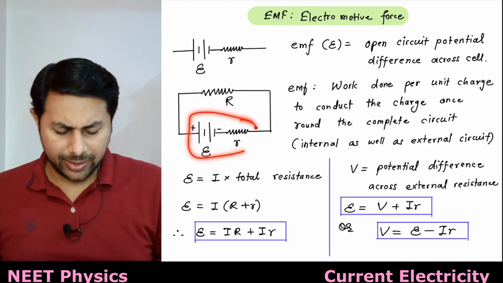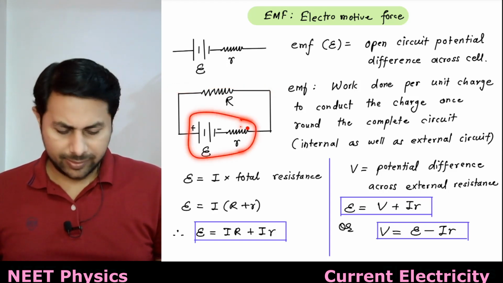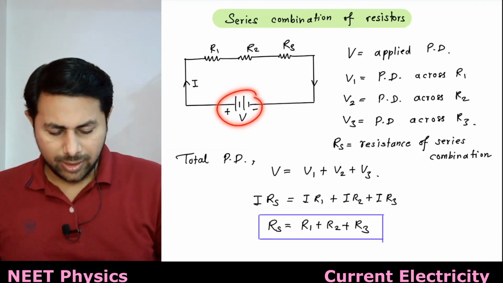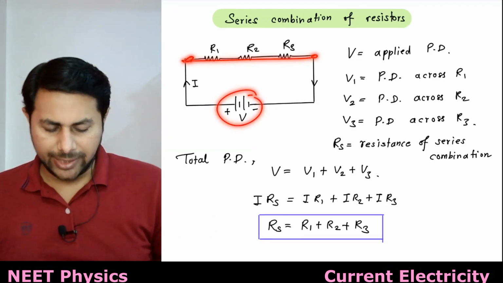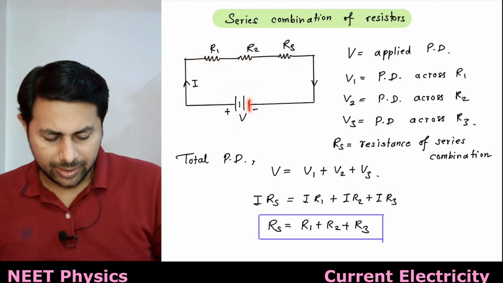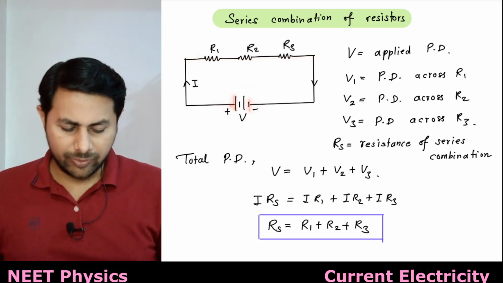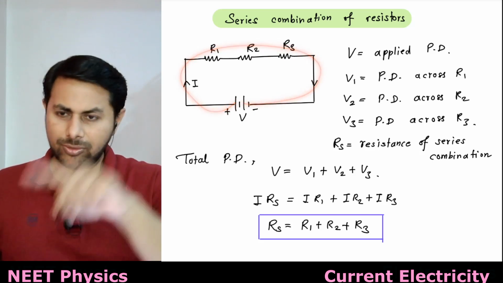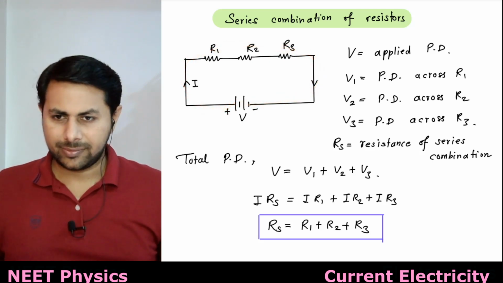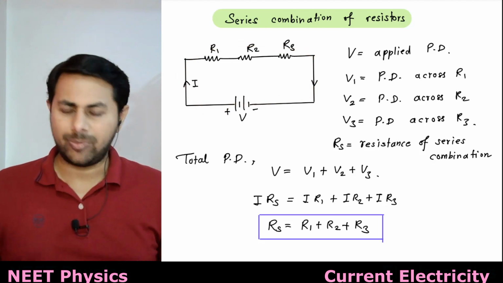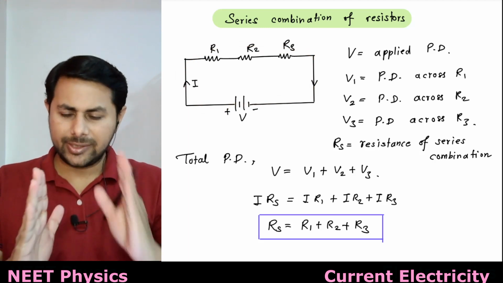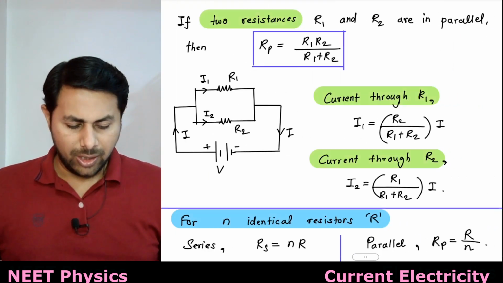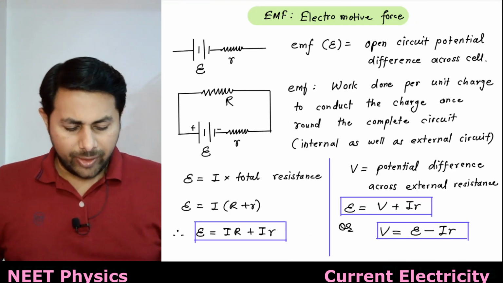Or if you think about the battery, what's the potential difference between the positive and negative terminals? It's the work done per unit charge to move a charge from the positive to the negative terminal of the battery. That is terminal potential difference. Terminal means between the ends. Then what is EMF?